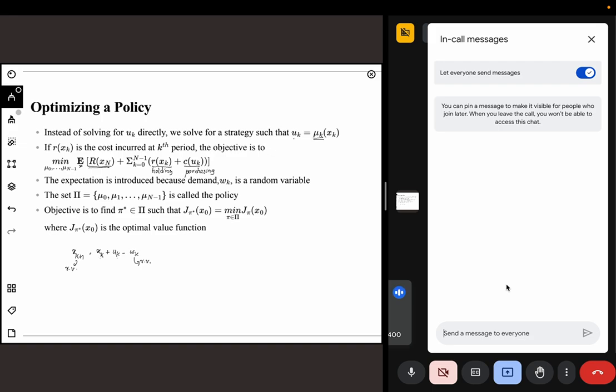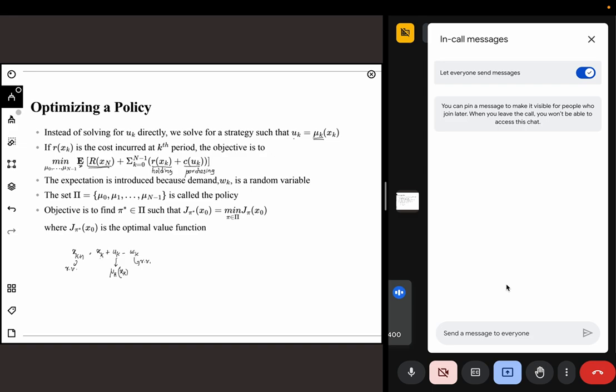Even though I know xk and uk, even if I decide a value for uk, which is now basically mu k of xk, even though this mu k is a deterministic function and xk is also deterministic, because this demand is an unknown random variable, xk plus 1 is going to be a random variable. So if one step becomes random, then the entire process from 0 to n minus 1, everything will become random.